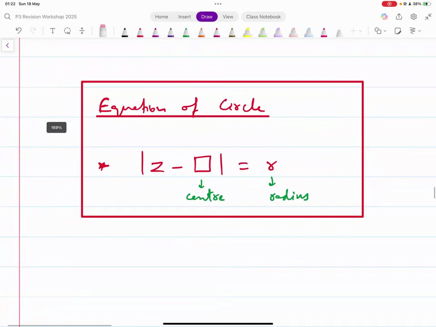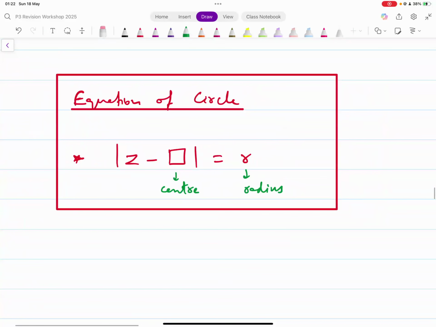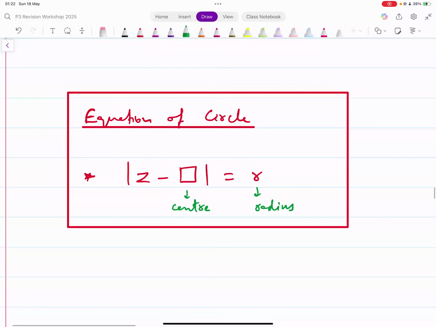Now, from this, we actually get a form for equation of a circle as well. Sometimes they may ask you, I have seen a couple of questions like this in past papers, where they ask you to write down the equation of a circle in this form. So one form is what you've done in coordinate geometry before: x minus a whole squared plus y minus b whole squared equals r squared.